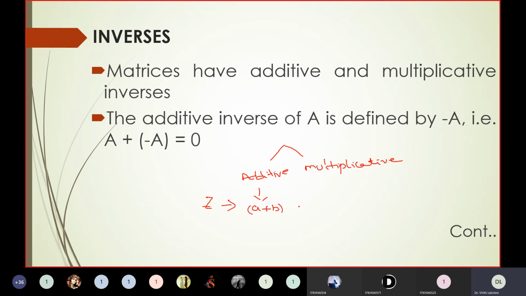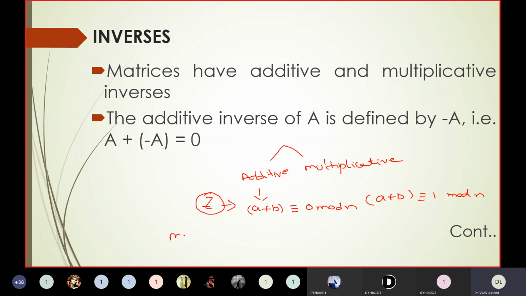A plus B is congruent to 0 mod n. What is the multiplicative inverse? A times B is congruent to 1 mod n. These are the inverse formulas in case of Z. Z means the set of integers. Okay. Z star is the multiplicative inverse set.